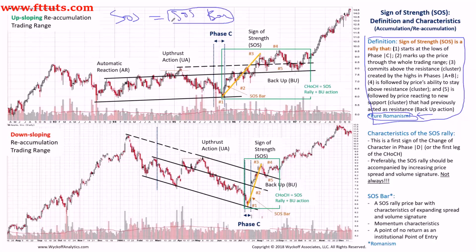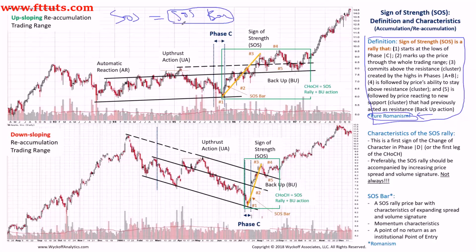And usually when I would ask a student to define a sign of strength, they would say, well, it's a bar that has an increasing spread to the upside and increasing volume signature. And that was kind of like a definition for the sign of strength. Well, first of all, that's not necessarily a definition of a sign of strength.